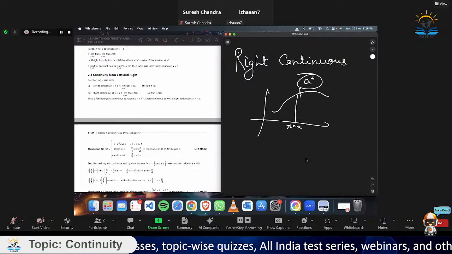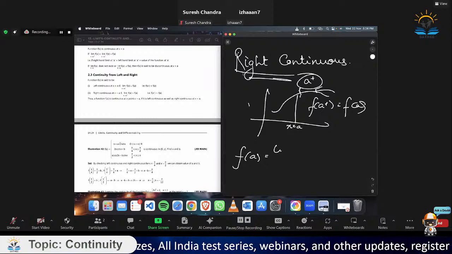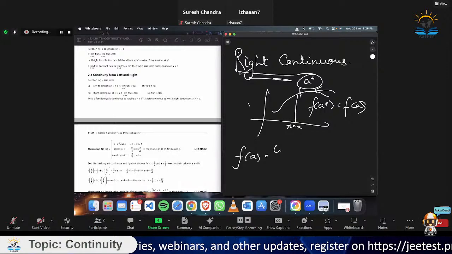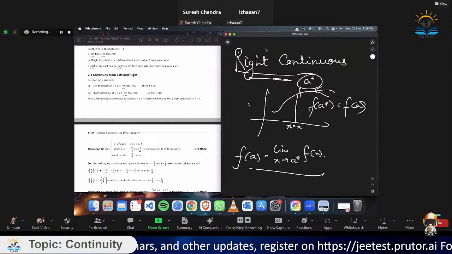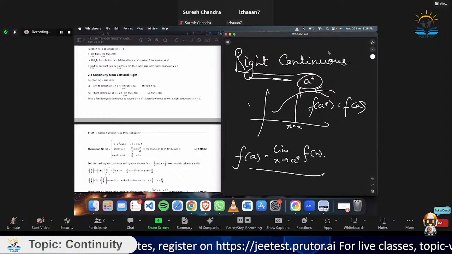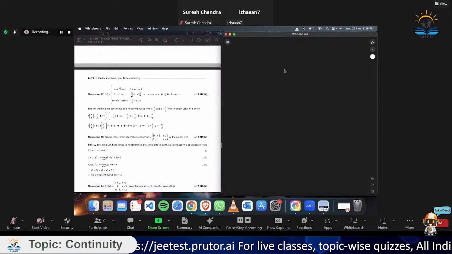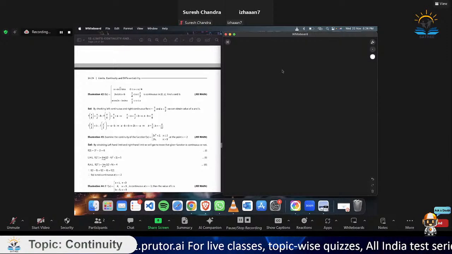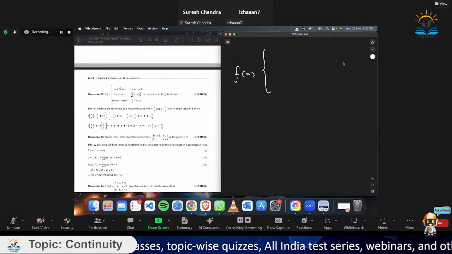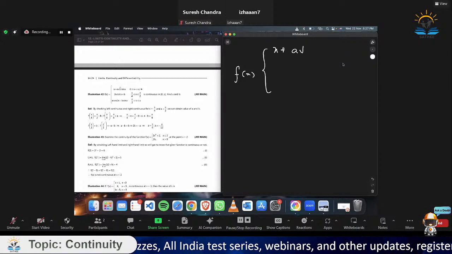So first we have a question. Is a function with variable behavior: x plus a root 2 sine x for x belonging to 0 to pi by 4 inclusive. The second one is 2x cot x plus b for x belonging to pi by 4 inclusive to pi by 2 inclusive.